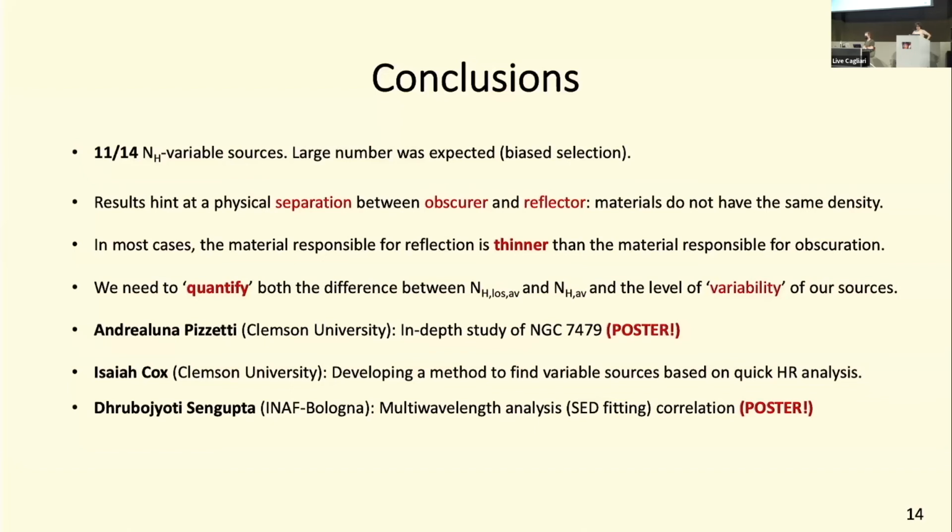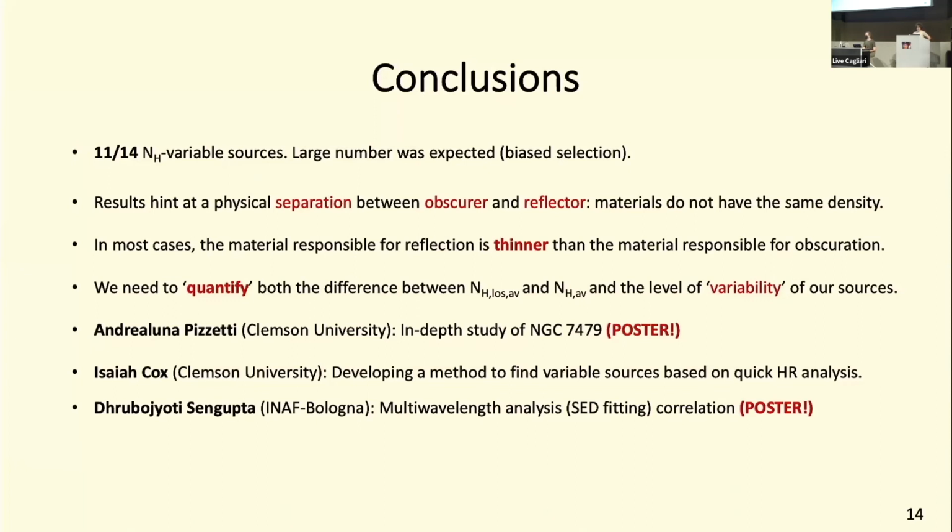And then I'll just finally go into the additional work that's being done by our group on this project. As I said, Andrea Luna has a poster in which she does an in-depth study of one of these sources that's particularly interesting. Isaiah Cox, another one of my students at Clemson University, is developing a method to try and find NH variable sources based only on a quick hardness ratio analysis so that we don't have to do this huge in-depth analysis for every single one of our sources.